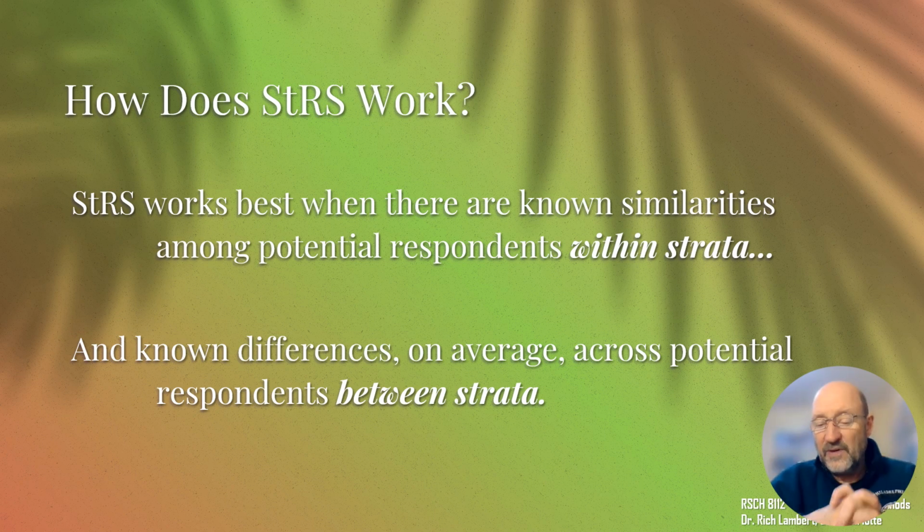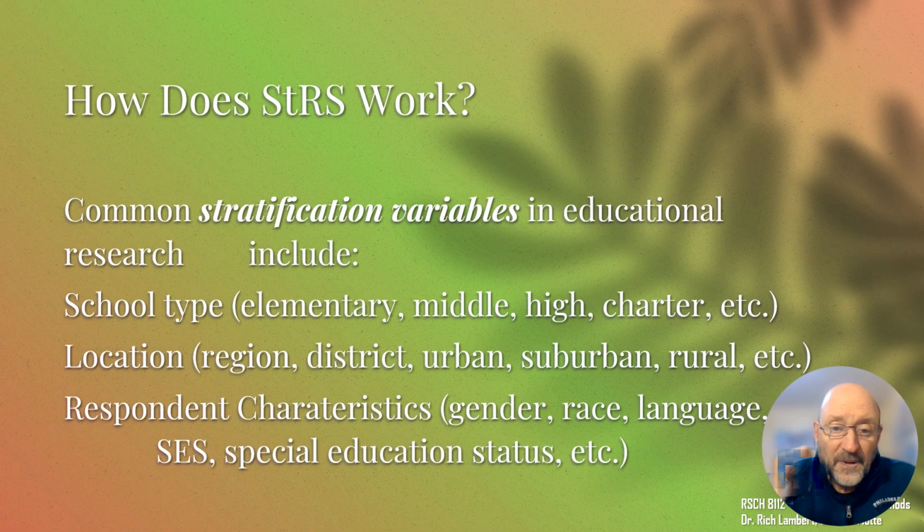So in a very simple example, if you know that there are well-known differences between males and females on some topic that you're surveying, and there's more similarity within gender, but there are some differences between genders, then this can work really well, and you can design the stratified plan in such a way that you fairly and equally represent each gender, if that makes sense.